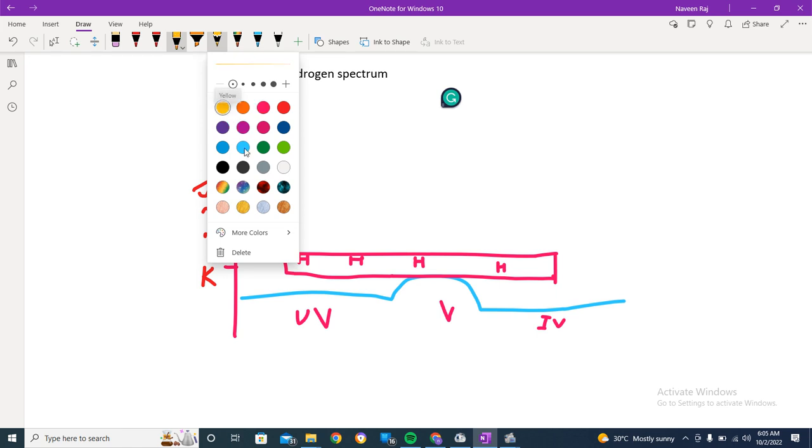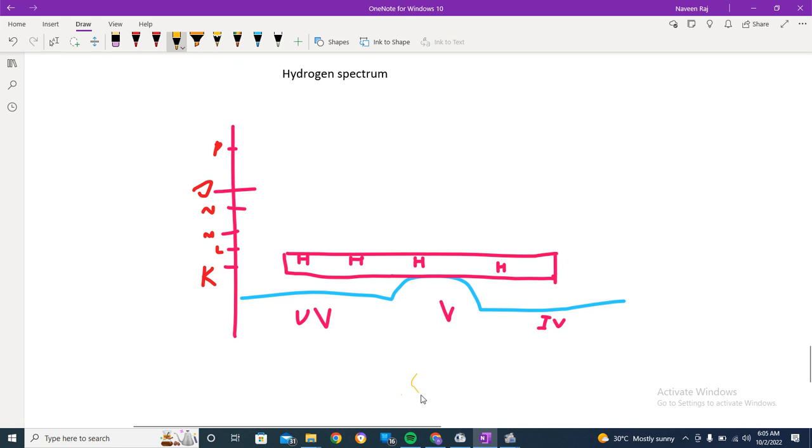Here is the light, here we have got the fire. This is a flame, like a large flame over here. F for fire. We have supplied some heat energy over here, and the hydrogen atom will be excited following the Bohr atomic model.